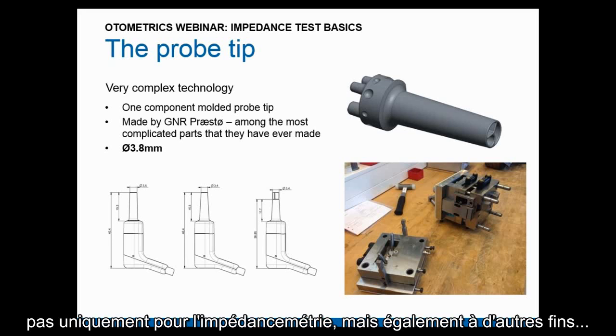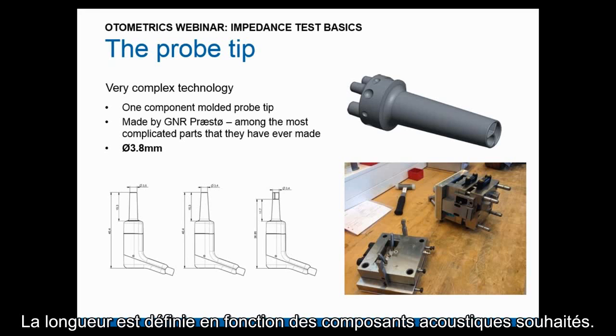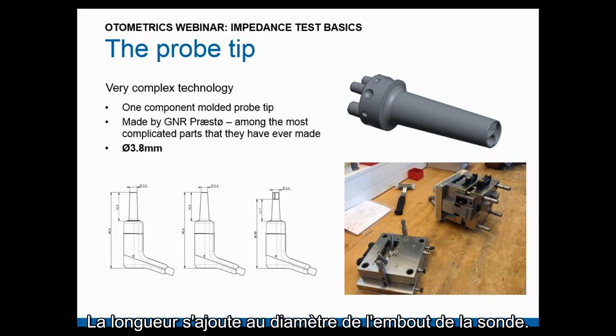It's not just for immittance. It can be used for other purposes. But these drawings show that we can actually work on the length. The length is of course defined based on the acoustic components we need to provide, and the length comes on top of the diameter of the probe tip.